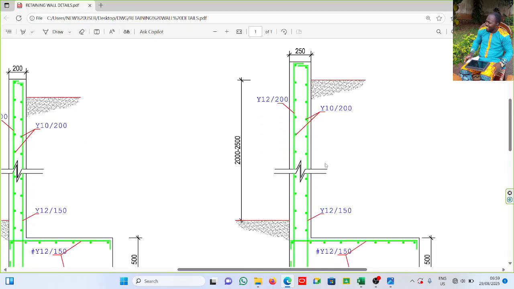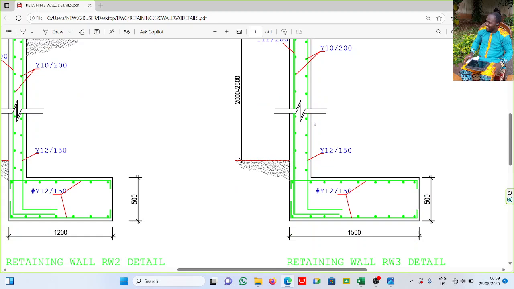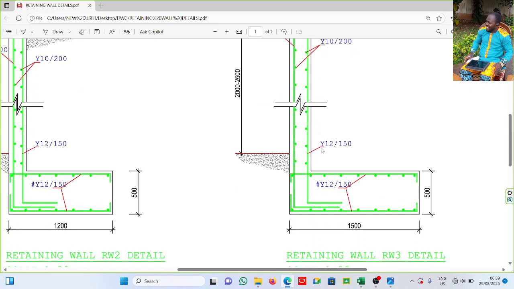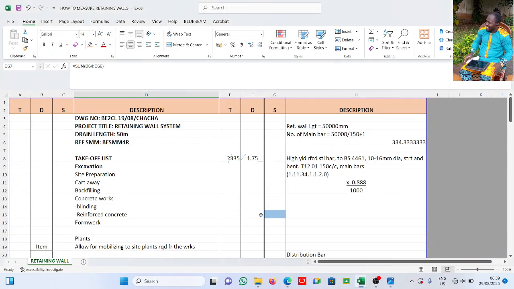If this is Y12 200, this is Y12 200. That's basically why I used this. If one is not careful, you just say Y12 150 and multiply by 2 because one is at the front and one at the back. You'll be very, very incorrect.